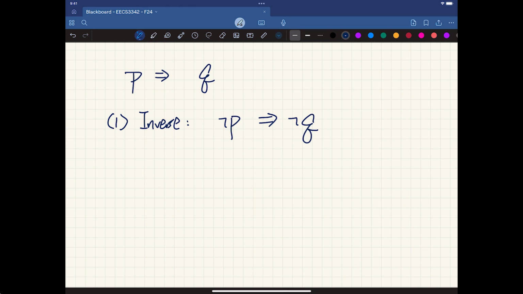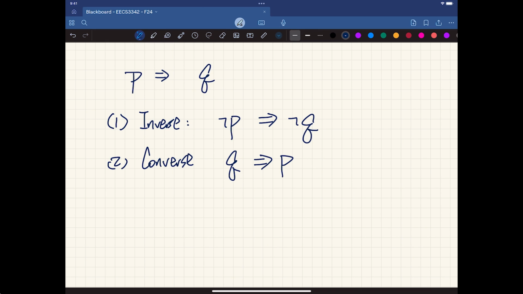Not P implies not Q. Easy. And what about converse? Basically switch the antecedent and consequent. Rather than P implies Q, it would be Q implies P.